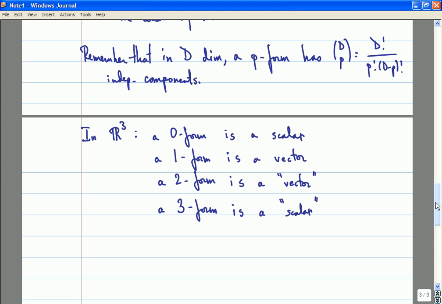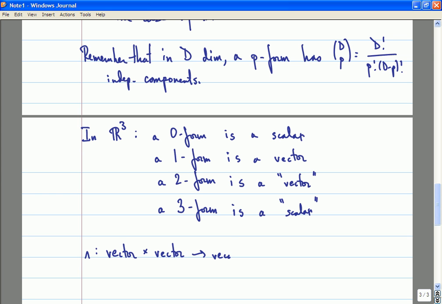How, then, about the wedge product of more interesting objects? So the wedge product, remember, takes a P form and a Q form to a P plus Q form. So the wedge product, for example, tells us that we have a way of multiplying a vector and a vector in order to get another vector.